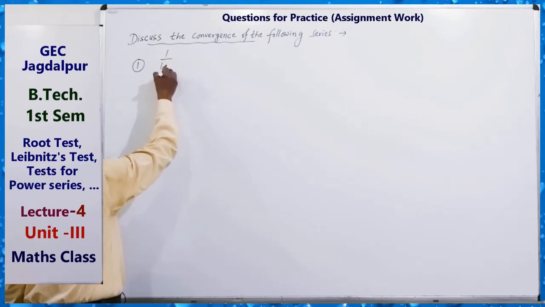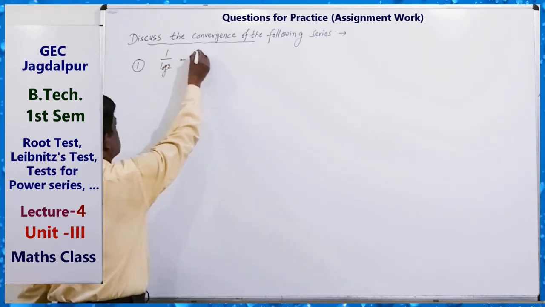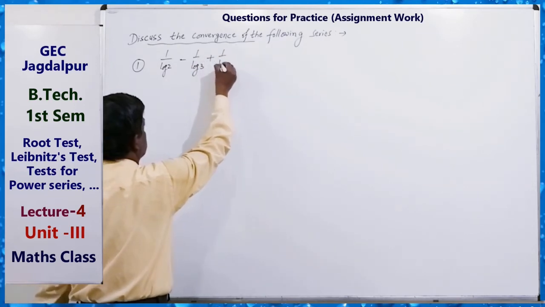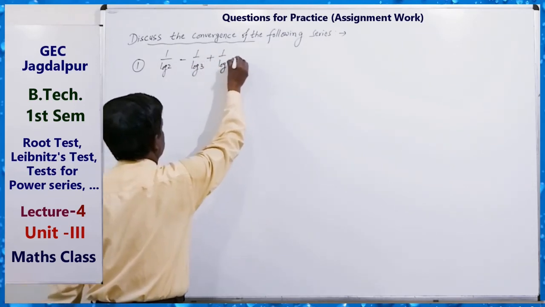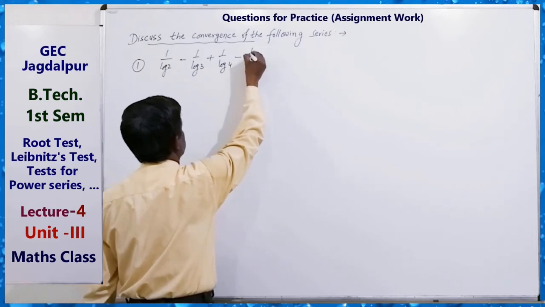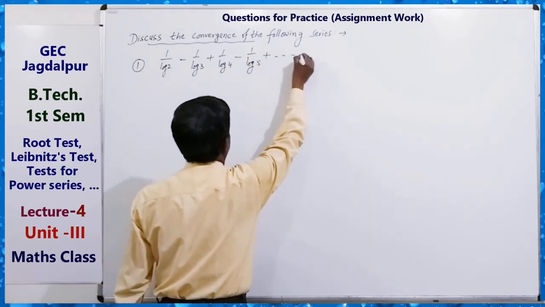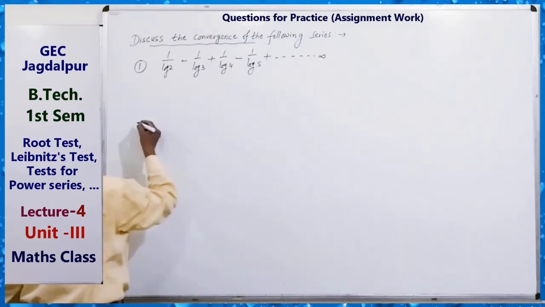1 by log 2 minus 1 by log 3 plus 1 by log 4 minus 1 by log 5, this.